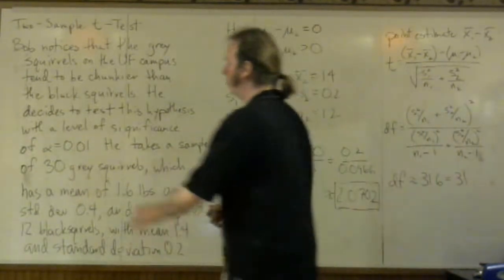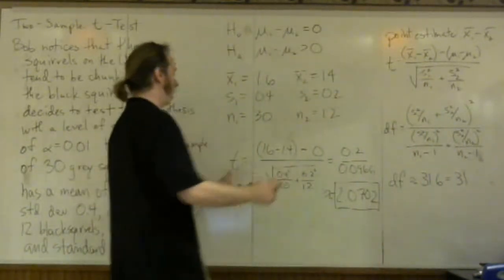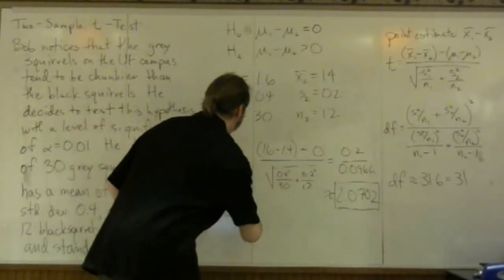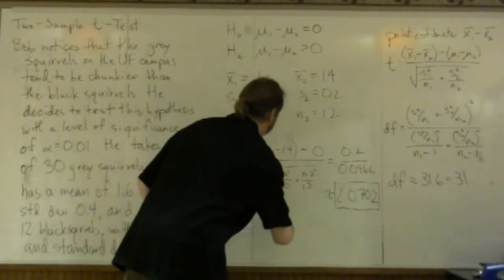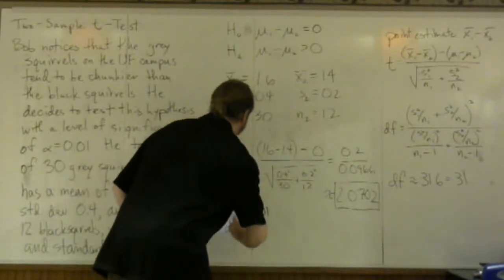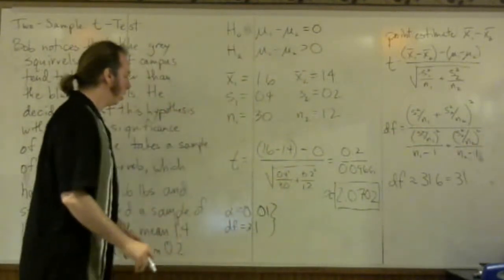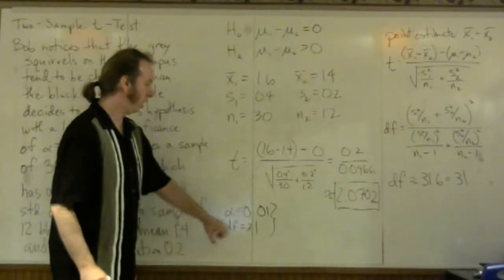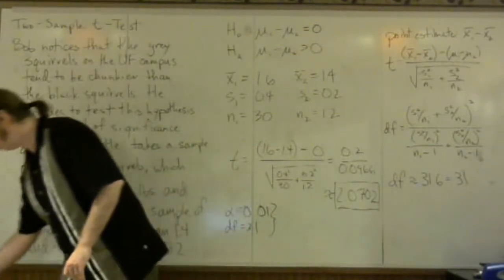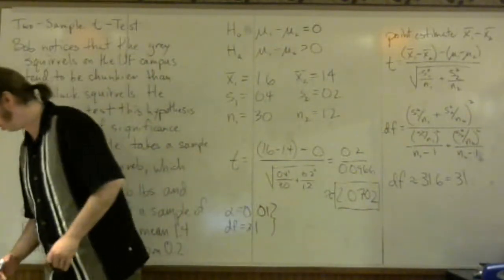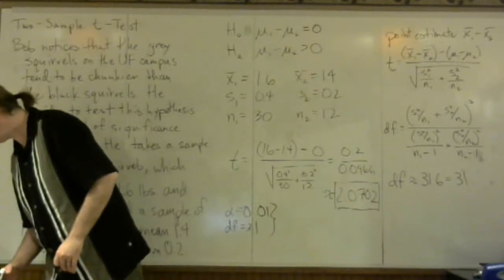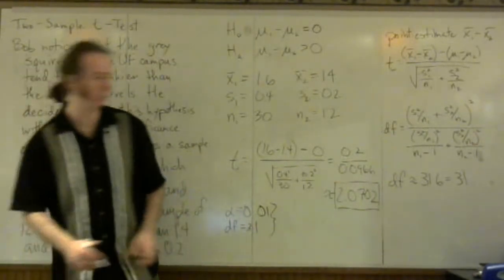If I take this alpha and switch it to a t-value, using that 31 degrees of freedom, I look that up on the chart. I get a t-value of about 2.46.